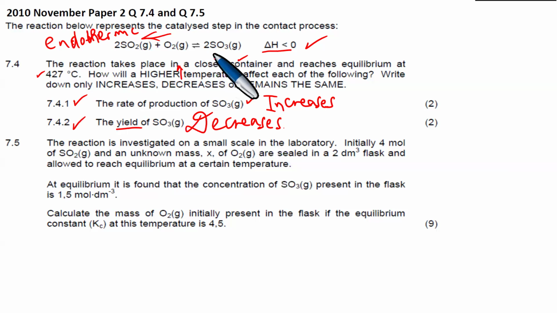If we do the calculations and look at the change row in the table, this is going to be minus 2x, this one is going to be x, this one is going to be plus 2x, and this one is going to be plus x.